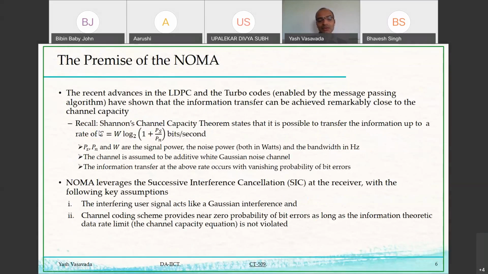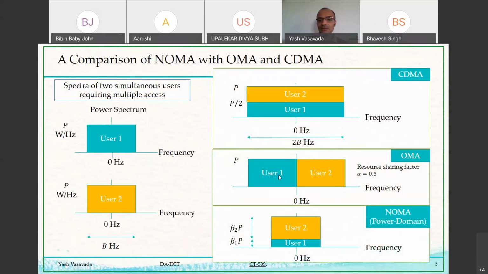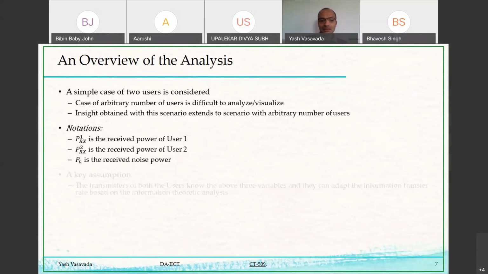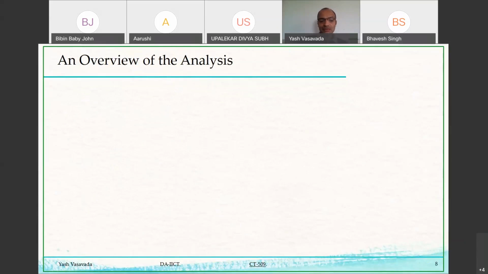And I've told you that what we are going to be interested in is the normalized C divided by W. Once I normalize, I don't have to worry about what the exact value of W is, except in the OMA, I still have to make sure that if I use the alpha portion of W here, then that alpha remains as a multiplier of this normalized C divided by W. So that is where this OMA multiplier of alpha is coming from.